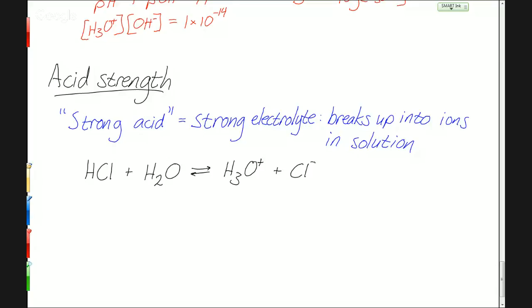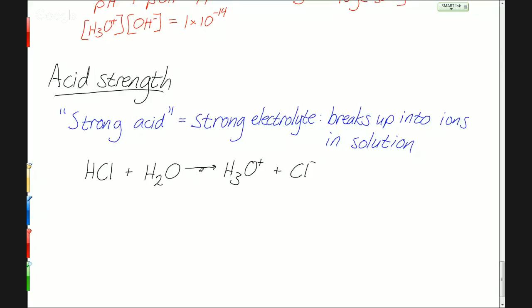The H goes with the water to make hydronium, and the leftover chloride is chloride ion. Now in this particular situation, rather than making an even double arrow, what's more correct is to say mostly this reaction goes forward and maybe only a tiny bit goes backwards, but almost insignificant.